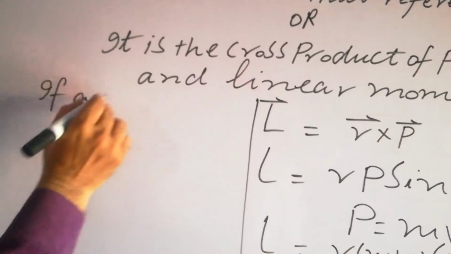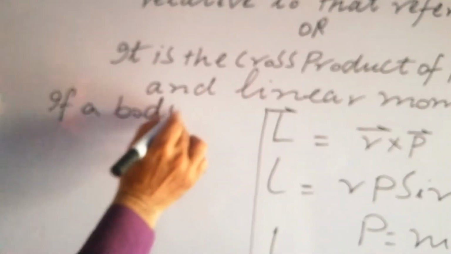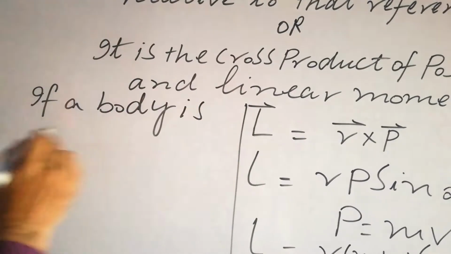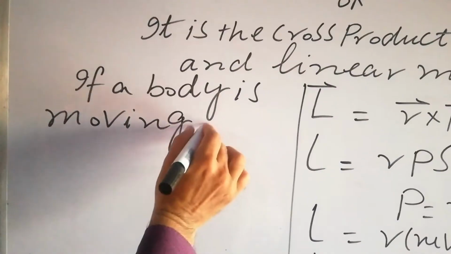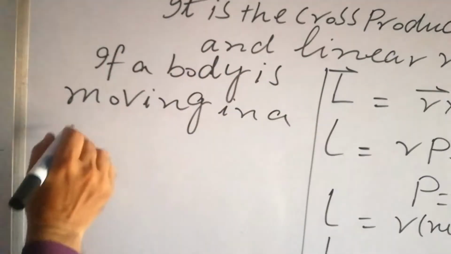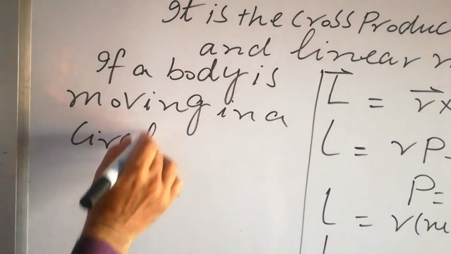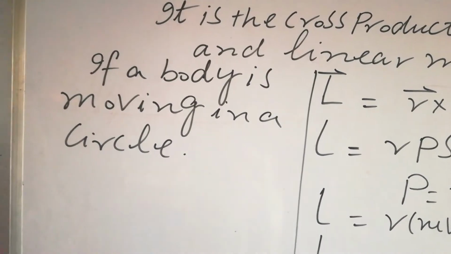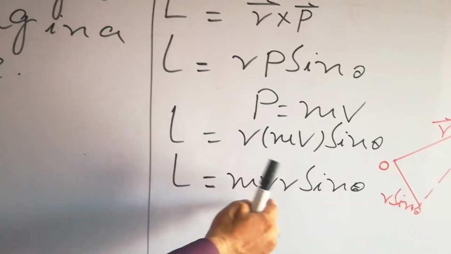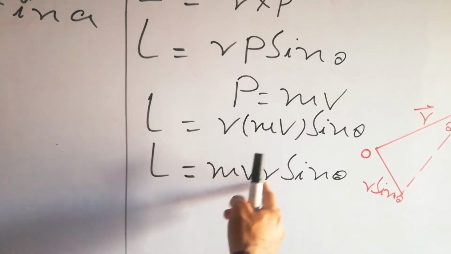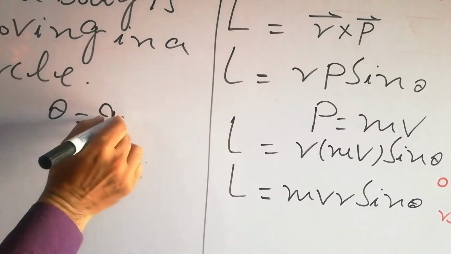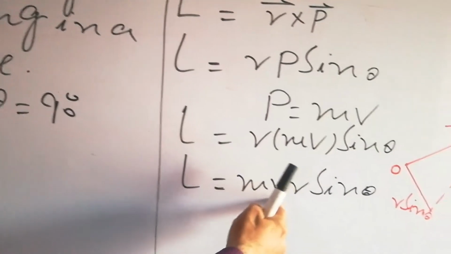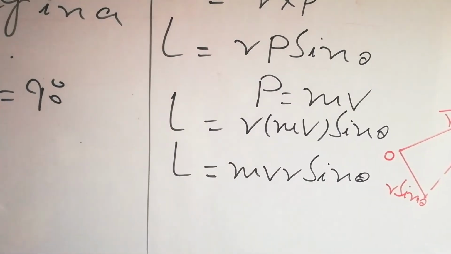If a body is moving in a circle, then the angle between linear velocity and radius is equal to 90 degrees. That linear velocity is the tangential velocity.